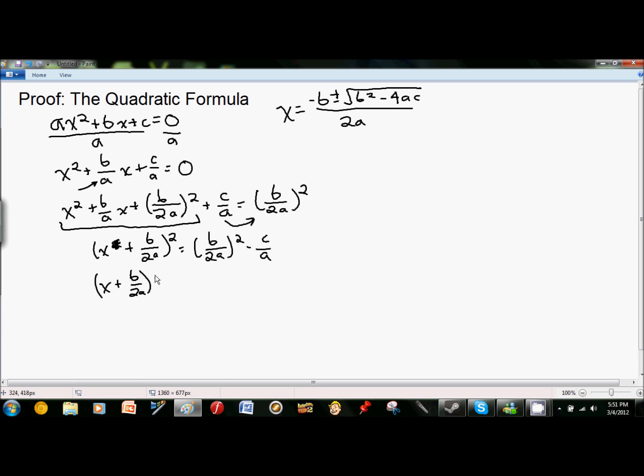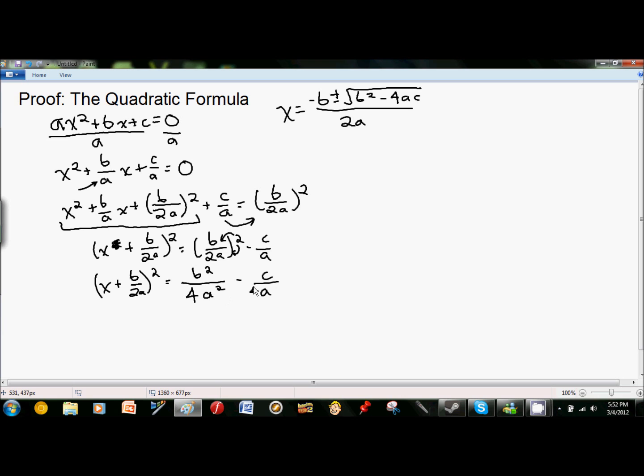Now we're going to take this term and distribute the exponent since it's on a fraction. So distribute it to the top, b squared, and distribute it on the bottom, 2 squared is 4, a squared, minus c over a. But now, in order to put these two terms into one, we have to find our common denominator, which in this case we'll make 4a squared.